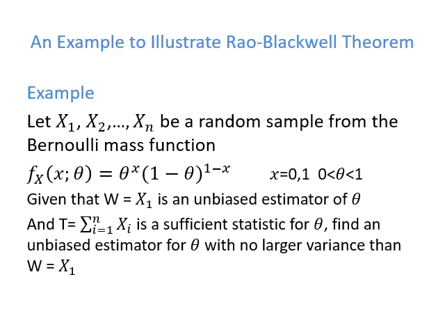We want to find an unbiased estimator for theta with no larger variance than W. It means we want to find an unbiased estimator for theta such that its variance is less than or equal to the variance of W, which is equal to X1.